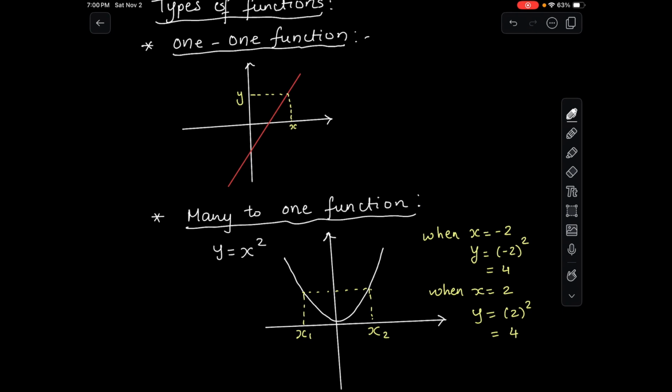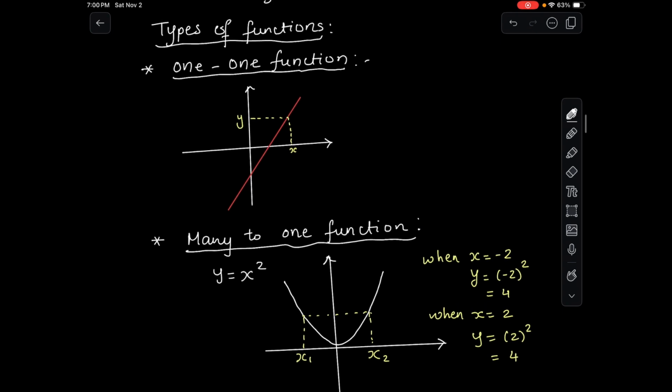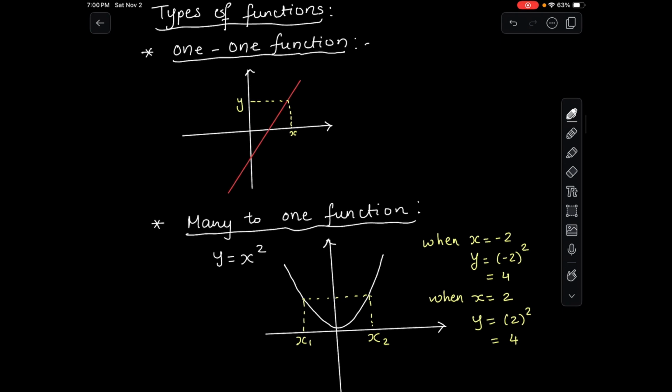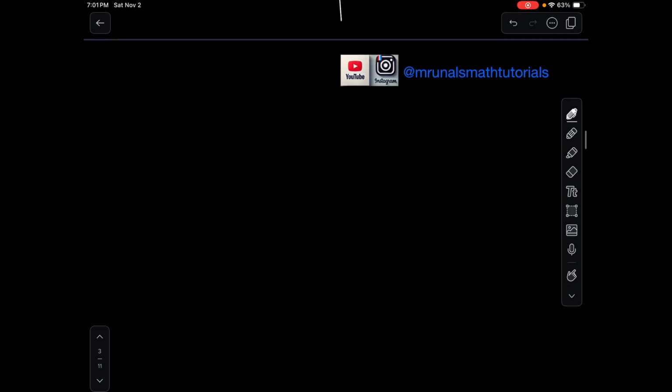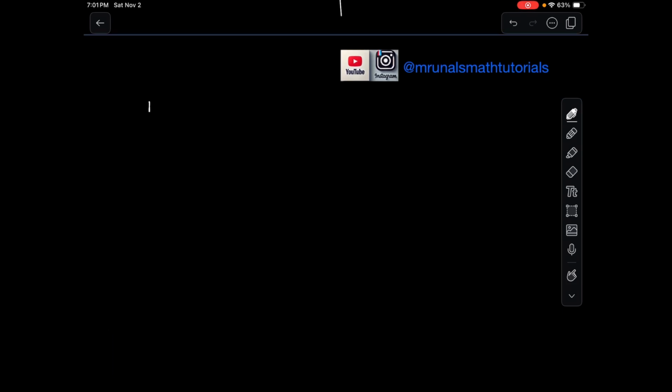Then we could also have a different kind of mapping. Mapping means linking the input with the output. So we could have another type of mapping, which is one-to-many mapping.